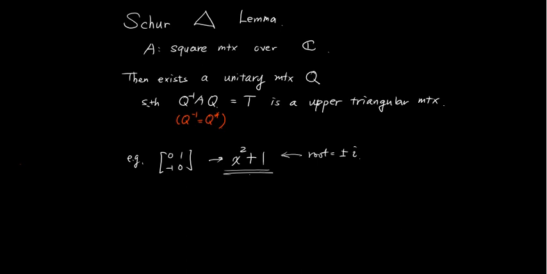So even if your matrix is real, the characteristic polynomial has real coefficients. In the end, your roots, the eigenvalues, can possibly be complex numbers. So if it can possibly be Q inverse AQ equal to some upper triangular matrix, then the diagonal entries must be i and minus i, and something here.